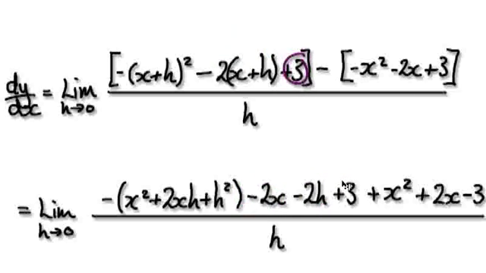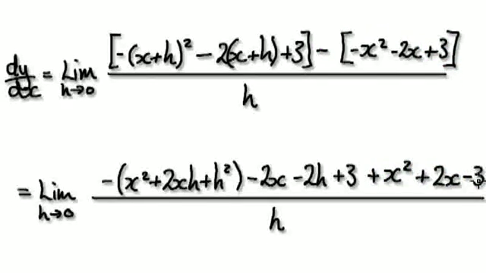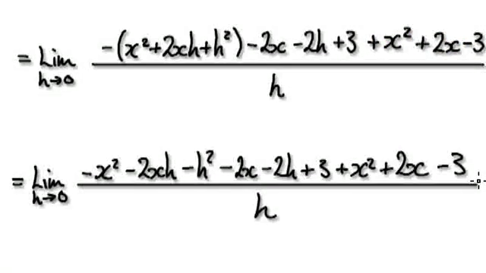Then this bit here, you've got minus a minus, so that becomes a positive x squared, and minus times a minus becomes a positive, and a minus times a positive becomes a negative.